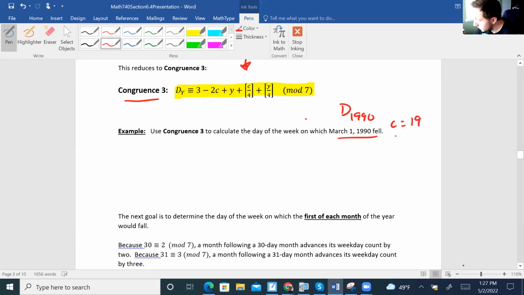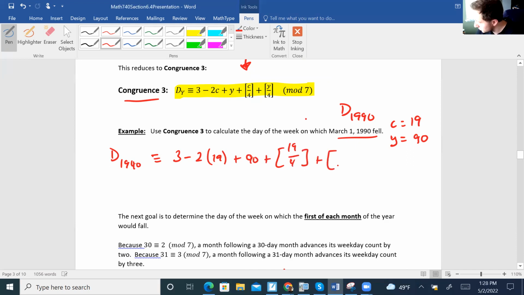And because we haven't reached January or February, little y in this case would just be 90, since we're 90 years past 1900. So D sub 1990 would be congruent to 3 minus 2 times 19 plus 90 plus greatest integer function of 19/4 plus greatest integer function of 90/4.